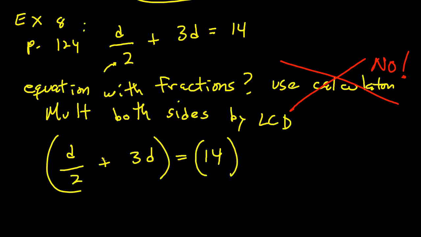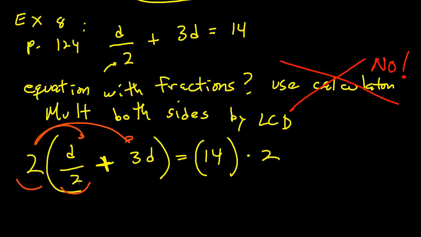Well, the left-hand side is a sum, and when you multiply a sum, you've got to apply your distributive law. The right-hand side is just a number, so I'll just multiply that by 2. Let me illustrate our distributive law here. 2 times d over 2. Well, 2 times d over 2 is just d, is it not?